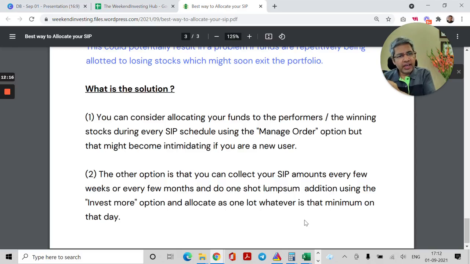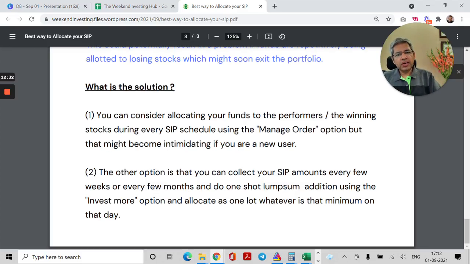And once you have that 1 lakh ready with you, then you deploy it using invest more, so that it gets deployed uniformly across the entire spectrum of the strategy of the constituents.